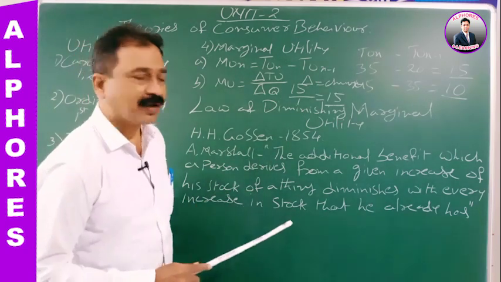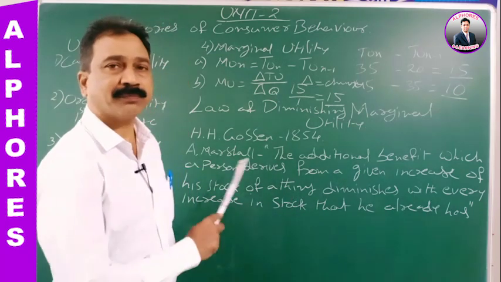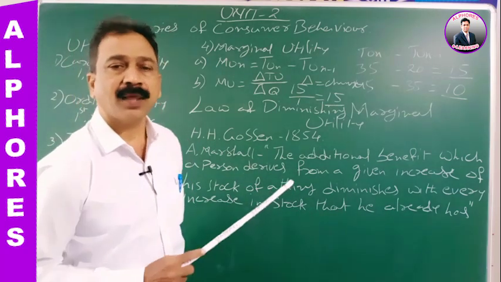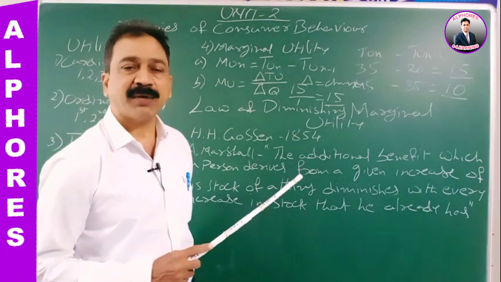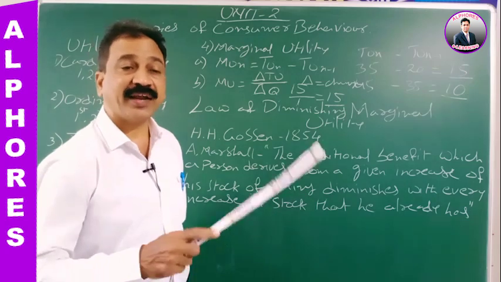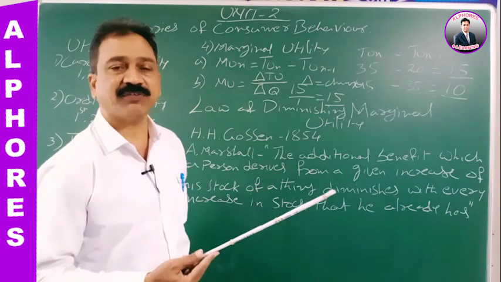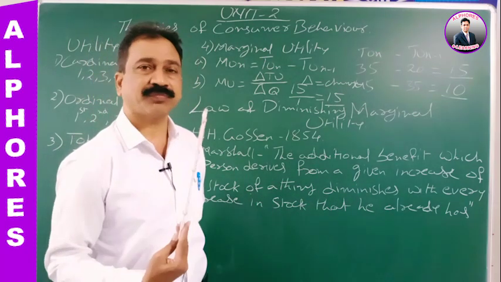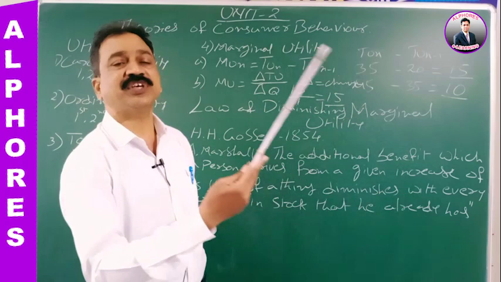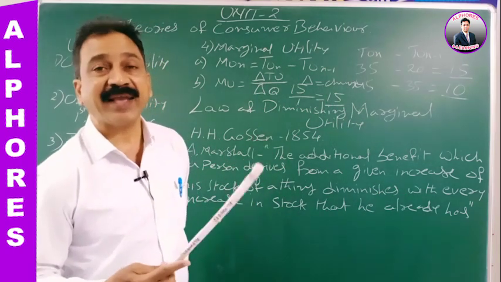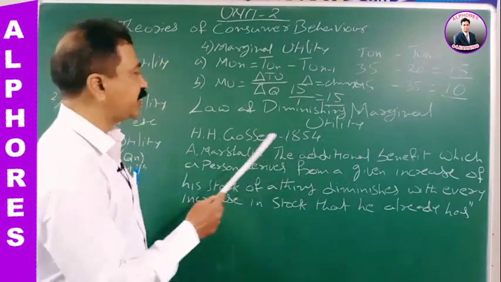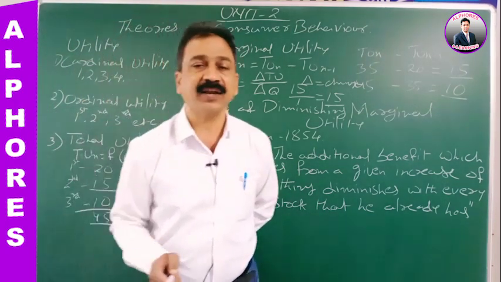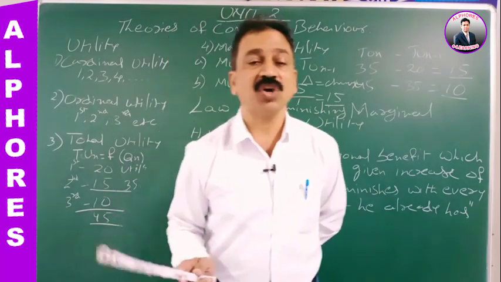According to him, let me read this step by step. You can see it in the textbook or on the board. The additional benefit which a person derives, the extra benefit or additional satisfaction which he gets from a given increase of his stock.